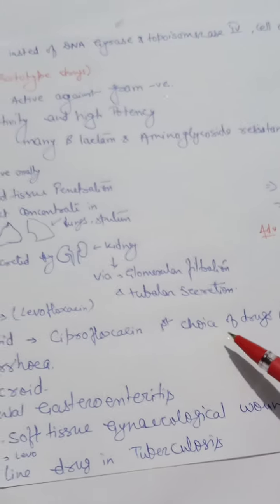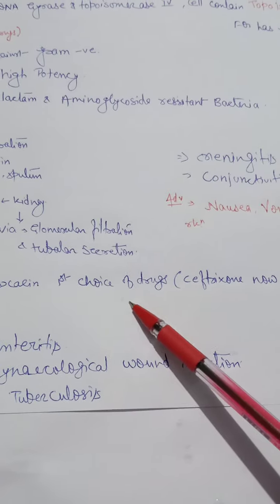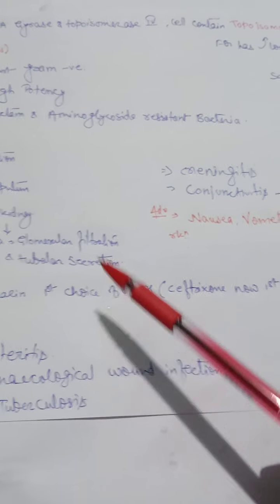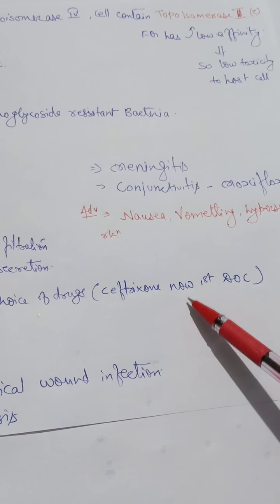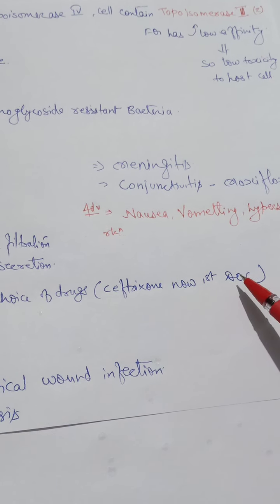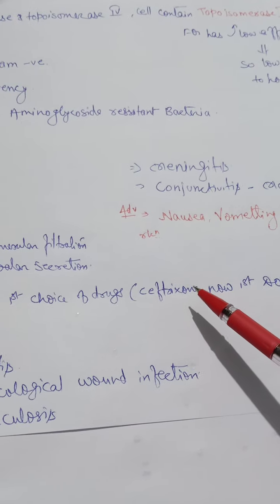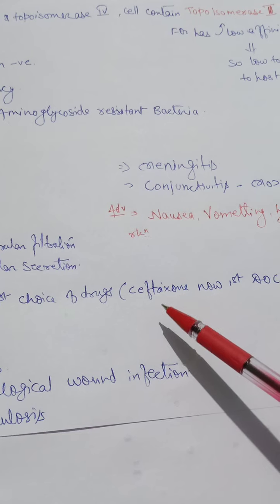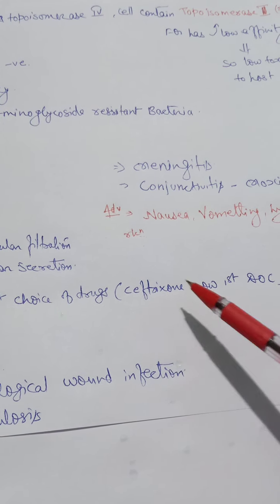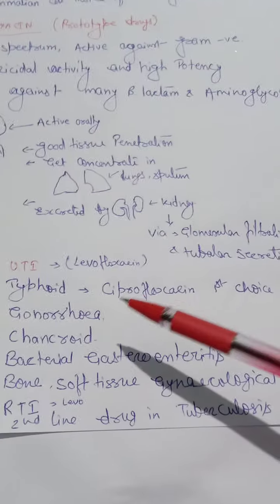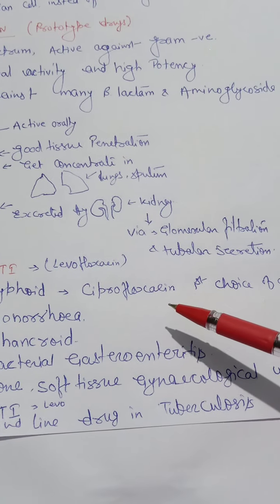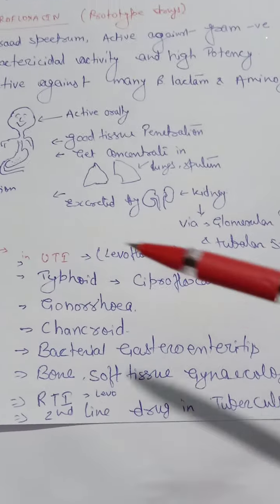Ciprofloxacin is the first choice of drug. But nowadays ceftriaxone is the first line drug. So whenever it is asked in the question which is the first line drug or the first drug of choice, it should be ceftriaxone. Also, ciprofloxacin is the oral first choice of drug.